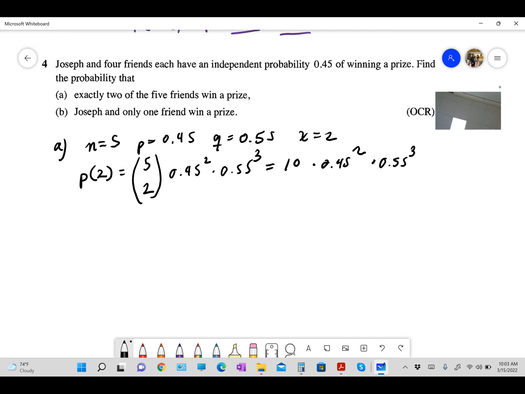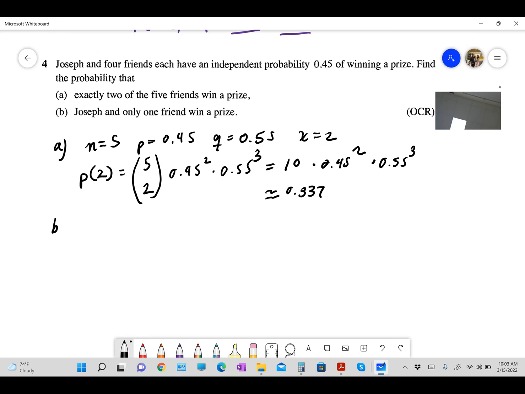So let's go ahead and do that. That's 10 times 0.45 to the second times 0.55 to the third. And so we have 0.3369. So I'll just go ahead and say approximately 0.337.